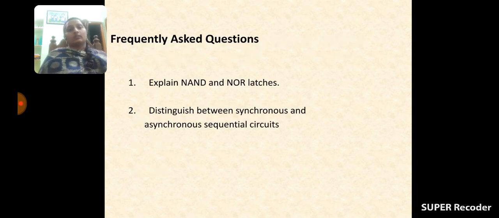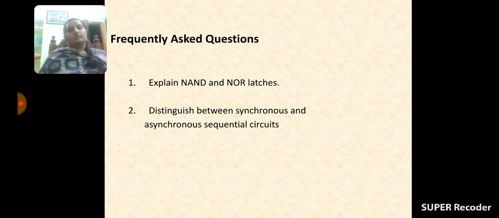And coming to the previous questions, the 5 marks questions are: explain the operation of NAND latch and NOR latch, the differences between synchronous and asynchronous, and the difference between combinational and sequential. These are 5 marks questions.